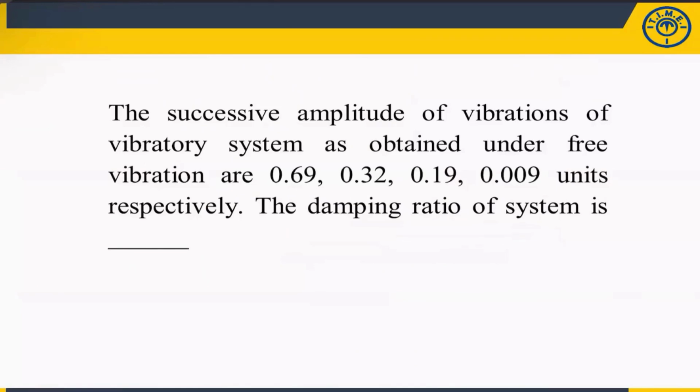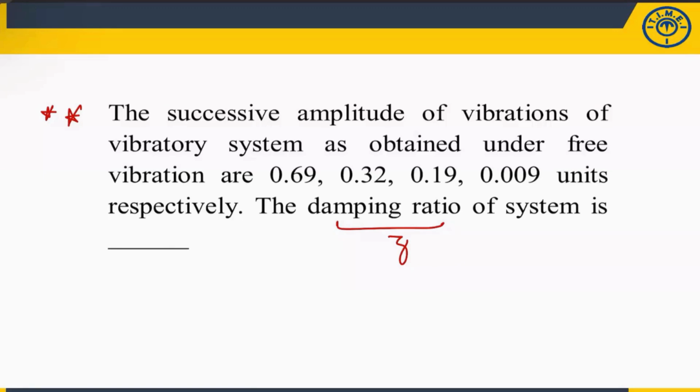The damping ratio you have to calculate. What is the damping ratio? Again, zeta. Instead of giving the k and m value, they have given the successive values of amplitude.